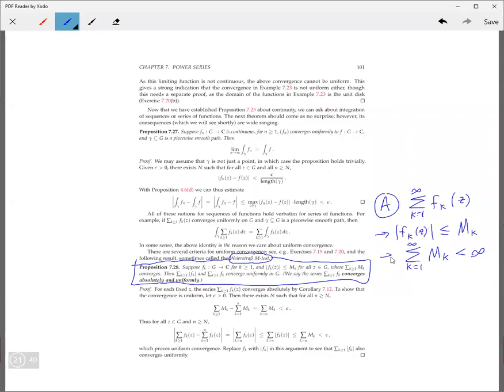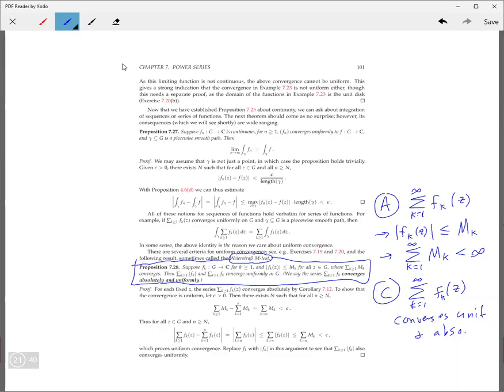So each term in absolute value, in modulus, is less than or equal to some number, and the series involving these numbers converges. If that happens, then the conclusion is that the series involving the functions converges uniformly and absolutely.